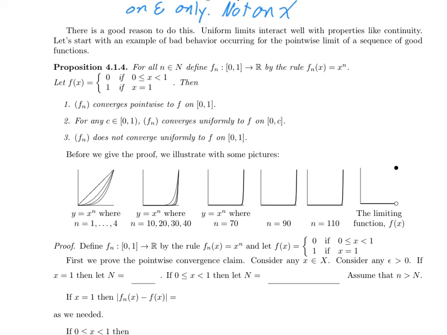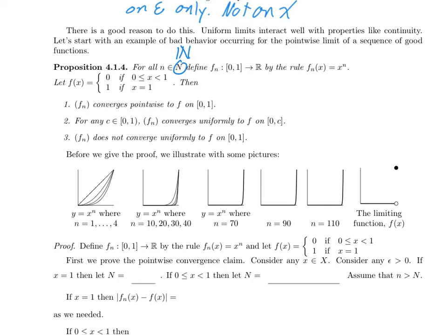Proposition 4.1.4. For every n in the natural numbers, let's define f sub n from the closed interval 0 to 1 to R by the rule f sub n of x is equal to x to the n. So now (f sub n) is a sequence of functions. I will define f of x to be the function that is 0 when x is not equal to 1, and is 1 when x is equal to 1.